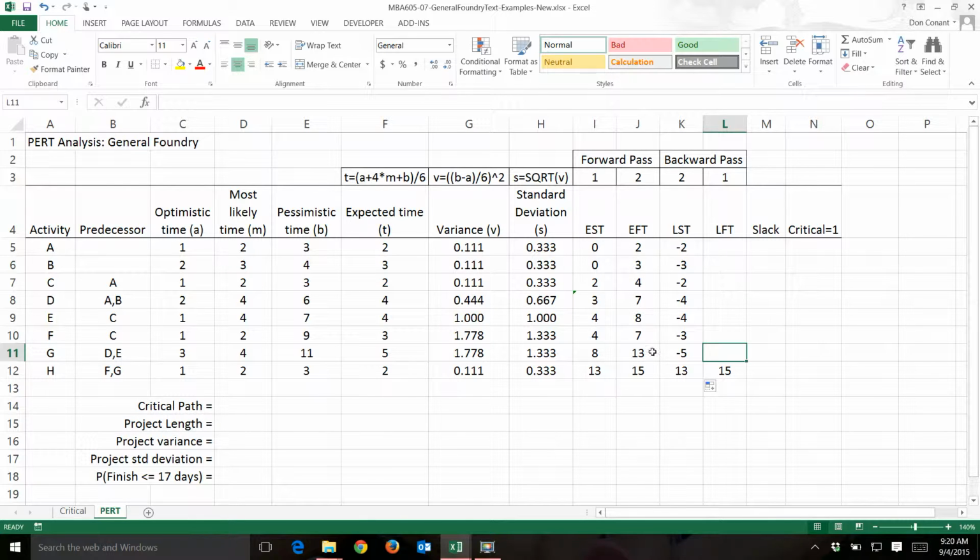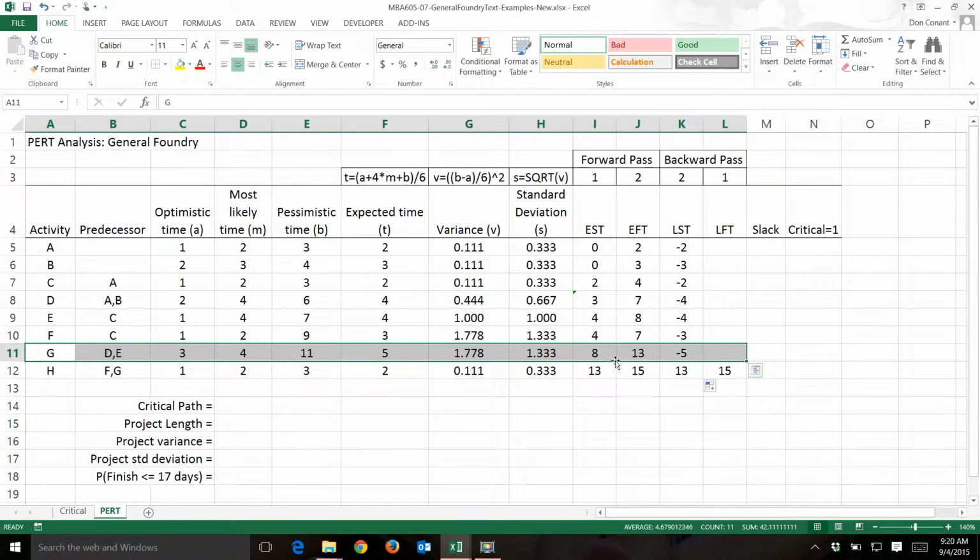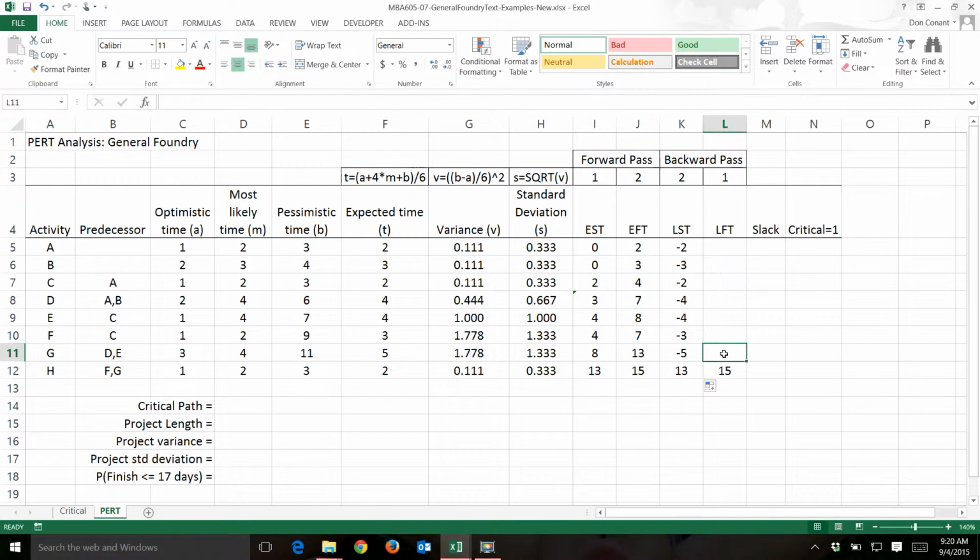Now, I'm on activity G. I look in the predecessor column and I see what activities activity G precedes. It precedes only activity H. So since G has to be finished for H to start, and since H started week 13, we conclude that G finished week 13.